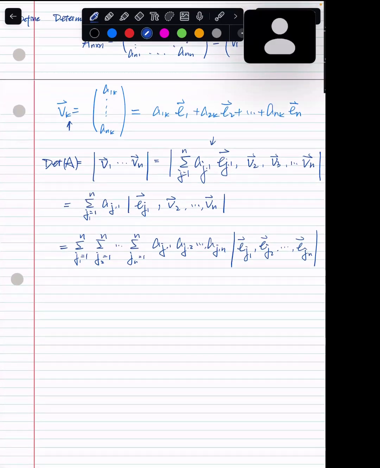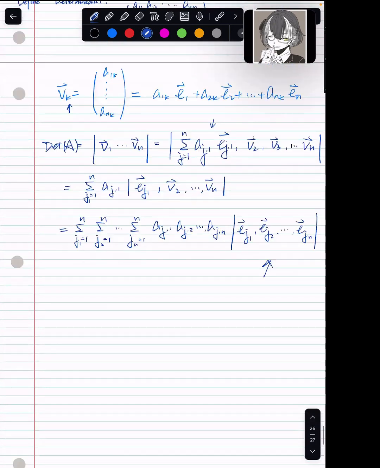Now, since we are calculating a determinant of ej's, we know that if we have the same ji's, then we would be in the situation where we have two same columns, and then the determinant would be 0.